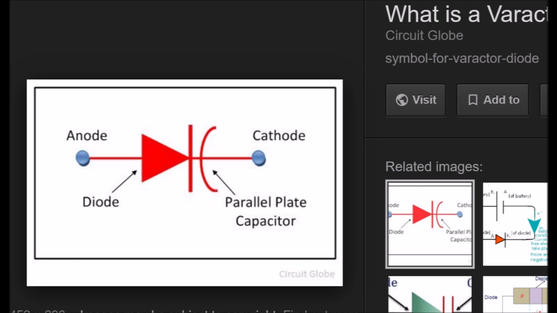The property of capacitance change is utilized to achieve a change in the frequency and or the phase of an electrical circuit.